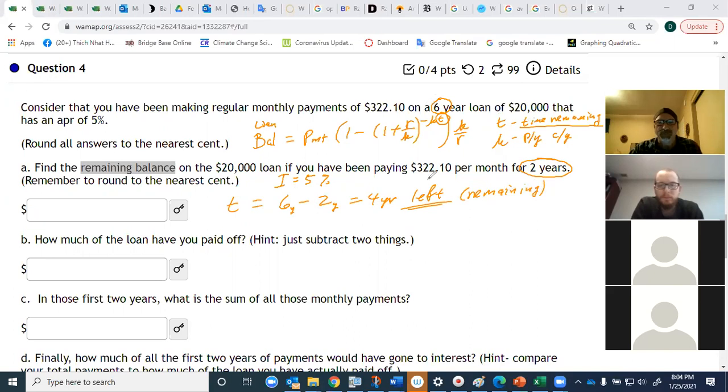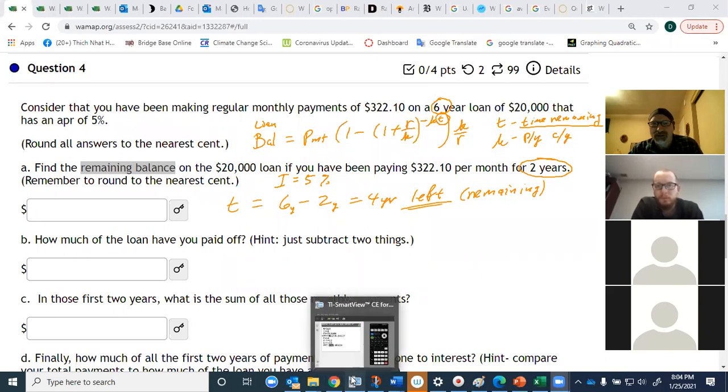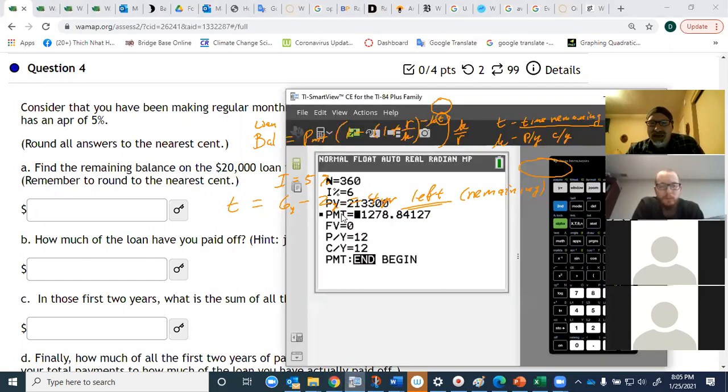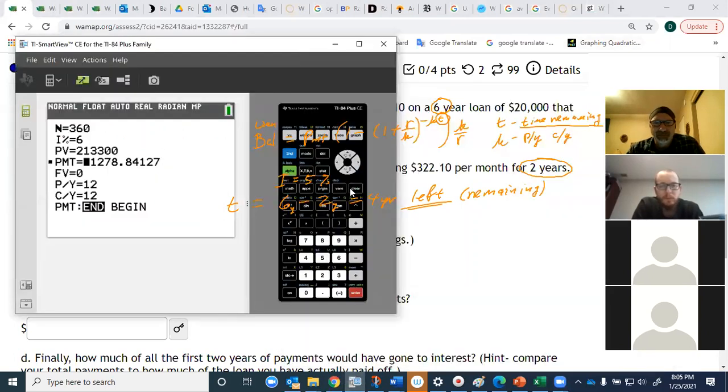And so on our calculator, we're going to go through and remember it's a $20,000 loan. Our payments are $322.10. Now we don't need this 20,000 anymore because now we have a new loan balance. This is the old loan balance. So the loan balance changes over time. So now we don't know what the loan balance is. So I'm going to go back up to the top.